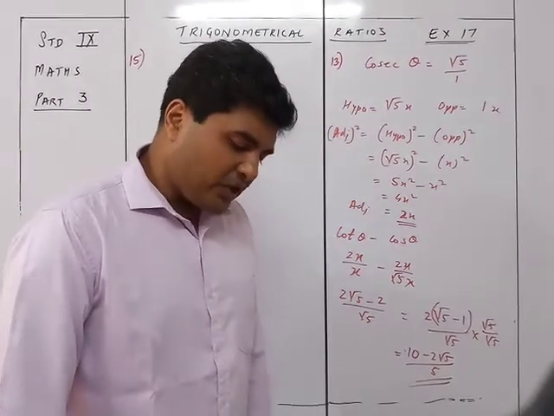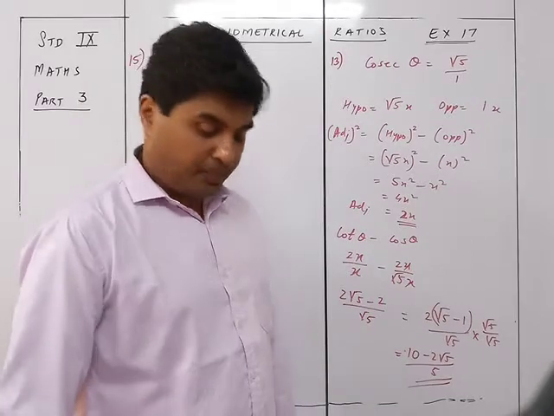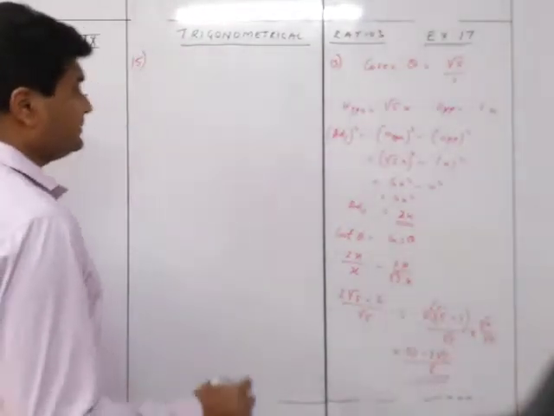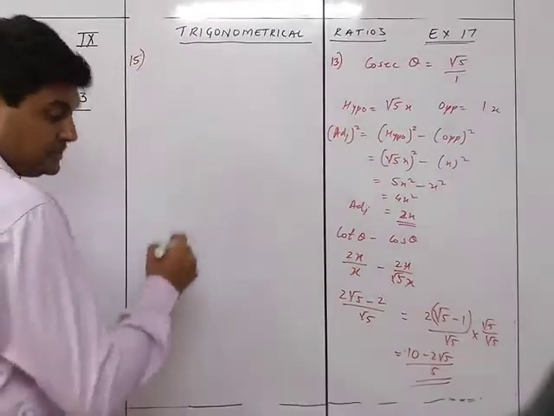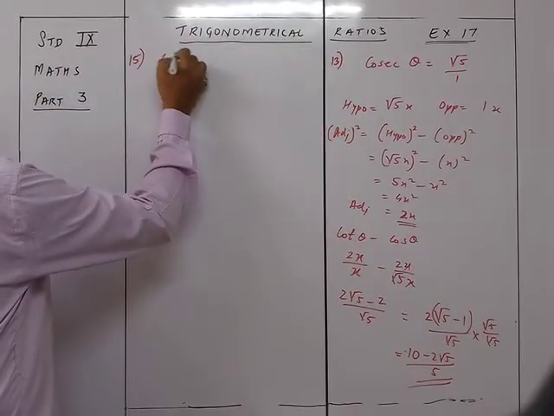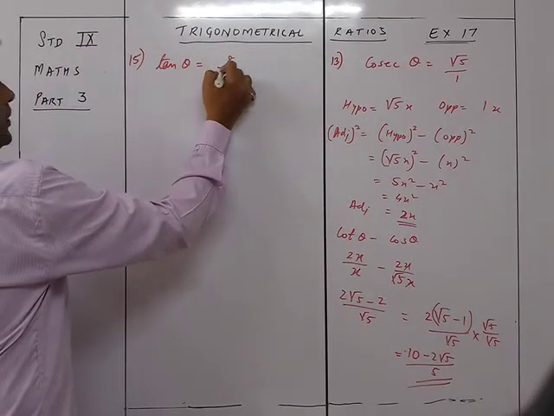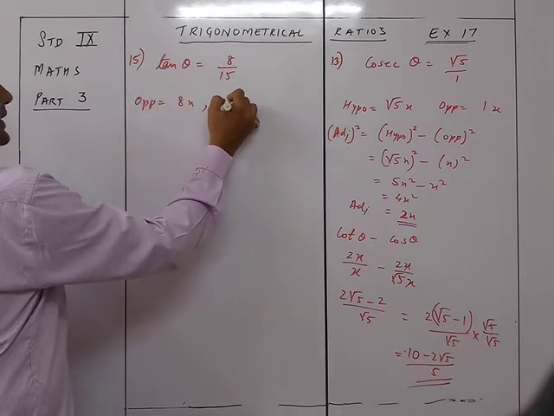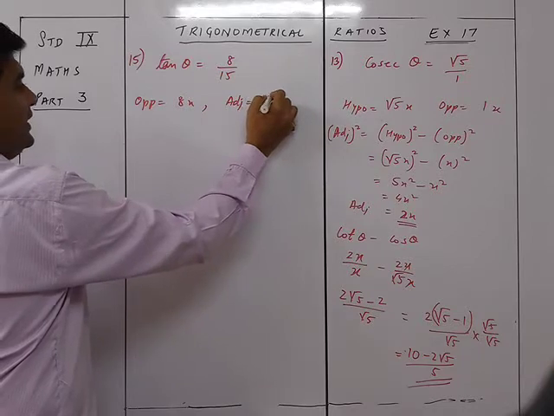If theta is an acute angle and tan theta is 8 upon 15, find the value of sec theta plus cosec theta. So tan theta is equal to 8 upon 15. So opposite is equal to 8x and adjacent is equal to 15x.